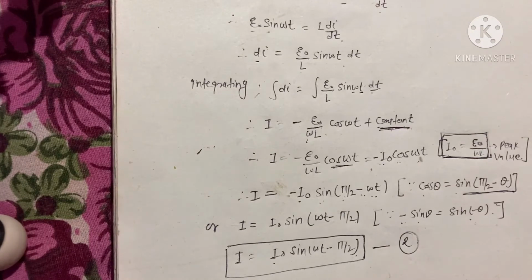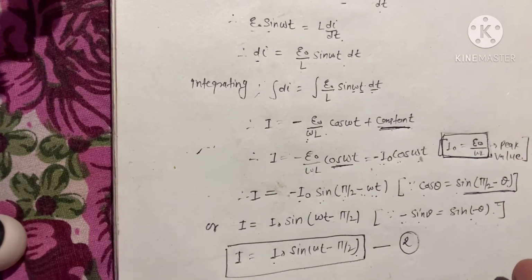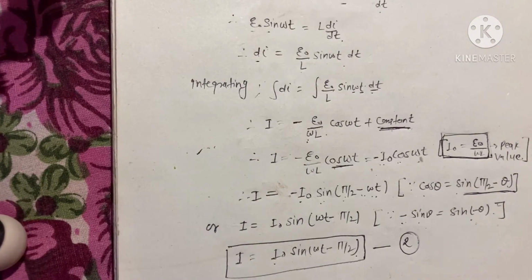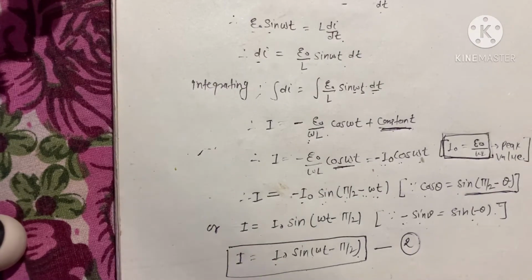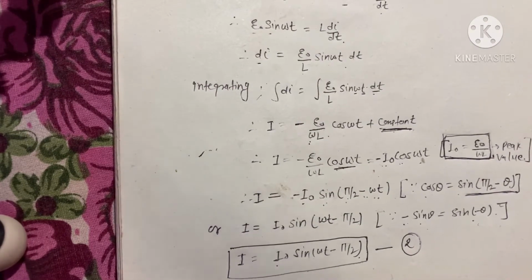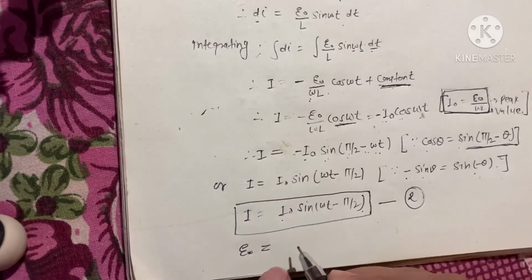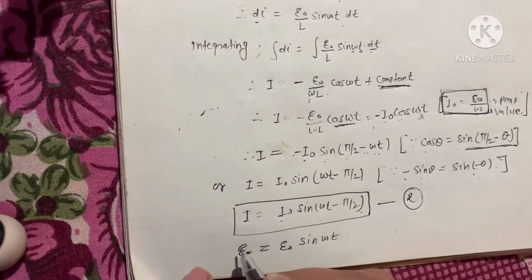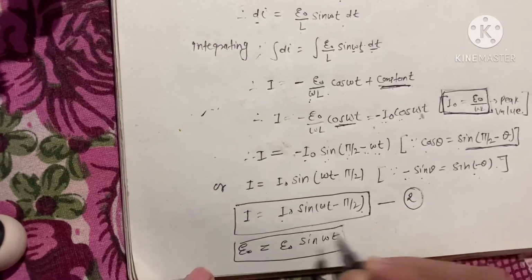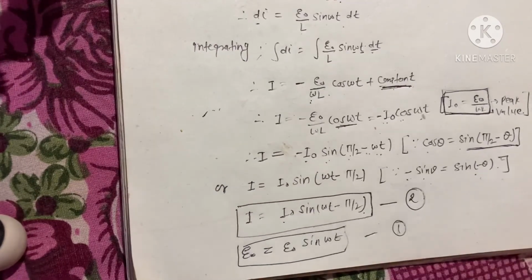Now we can easily compare both equations, students, and find the phase relation between current and EMF in case of inductor, when AC is connected to the inductor. Here I am writing E is equal to E0 sine omega t. This is the equation for EMF, equation number 1.